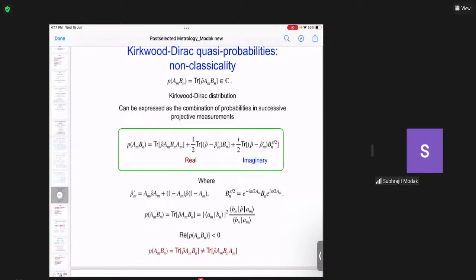Rather, you can also have positive values, and through this you can also get some non-classical advantages. So now we will set some more restricted condition, but this restricted condition is not a general condition. This condition comes out from a particular protocol, and the condition would be like the last one, which is written in red. So now I will show you how to have this condition or how to realize this condition.